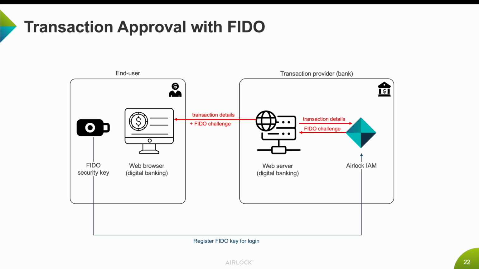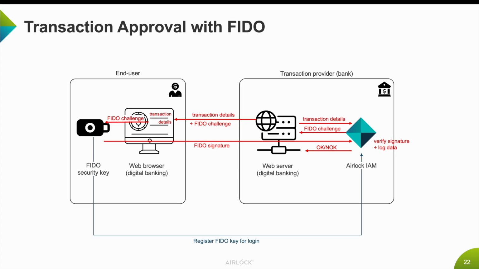If the user approves the transaction, the FIDO challenge is sent to the FIDO key, which signs it, and it sends back the FIDO signature via the web server to Airlock IAM. Airlock IAM can then verify the signature, log data, and send back the response to the web server, whether the transaction was approved by the user or not.